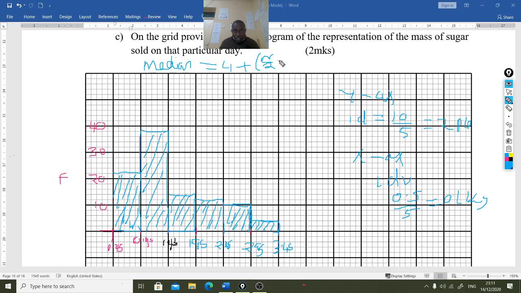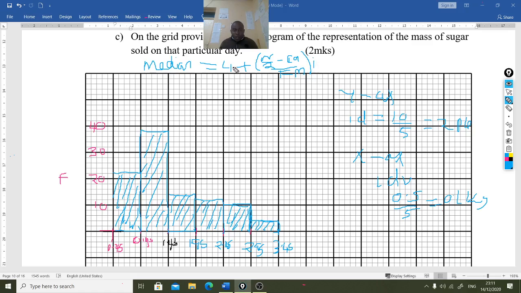Then minus the cumulative frequency above the median class, all over the frequency of the median class, then times i, the class width.